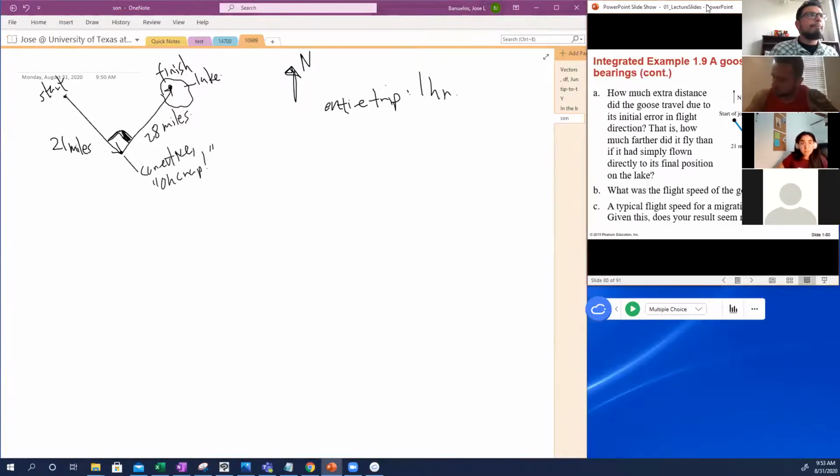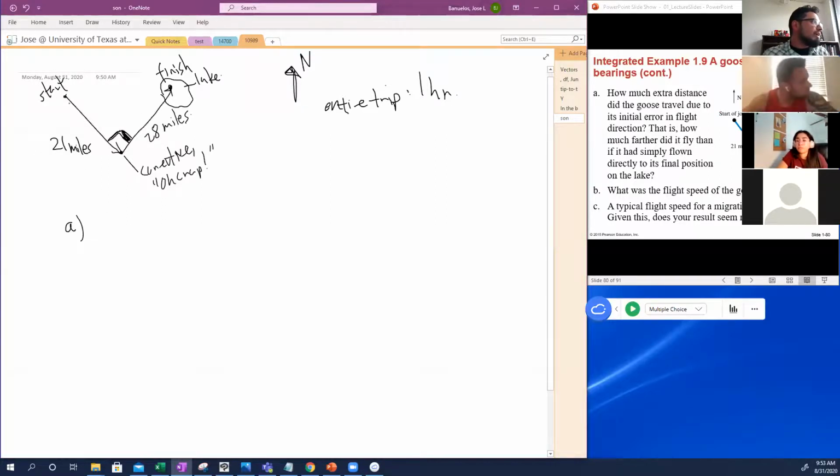So there's a few questions that they're asking us here. First one is, how much extra distance did he travel due to the initial error in the flight direction? So in other words, how much farther did it fly than if it had simply flown directly to its final position on the lake?